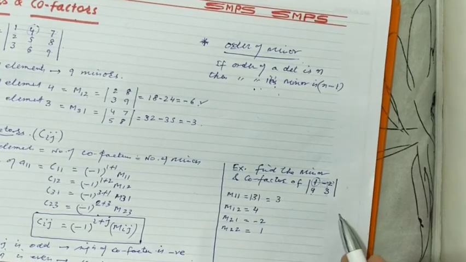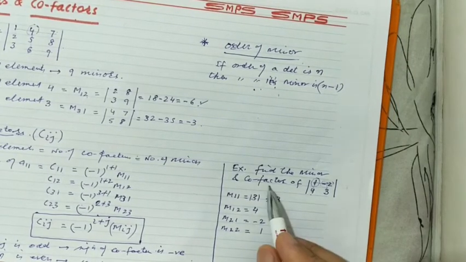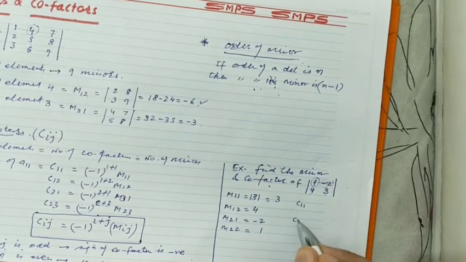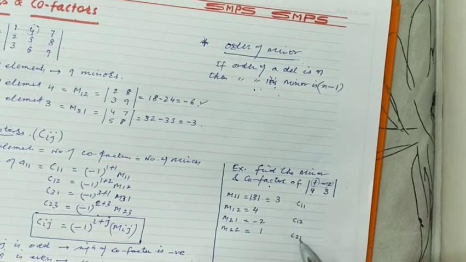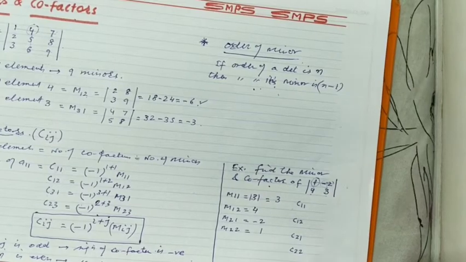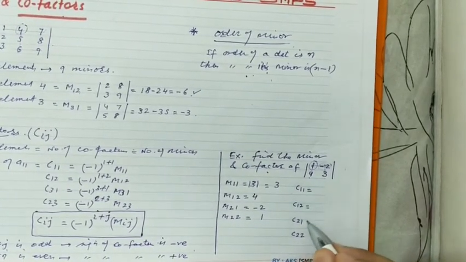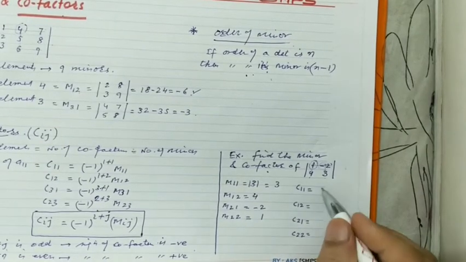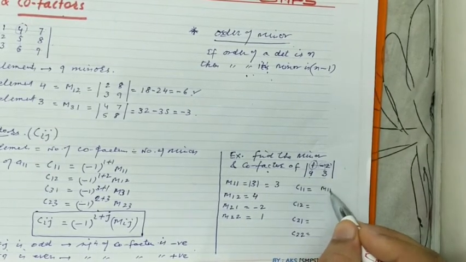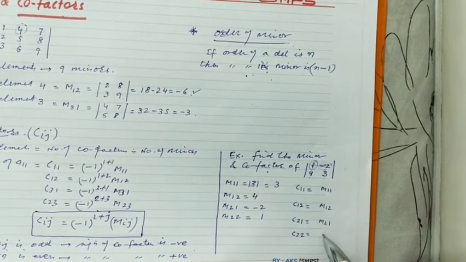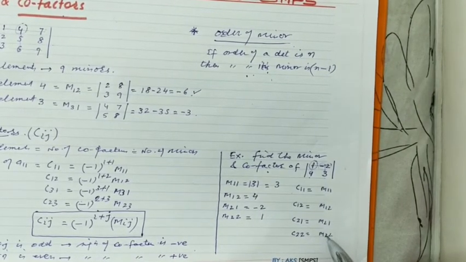Now we have to find the cofactors also: C11, C12, C21, C22, using M11, M12, M21, M22.